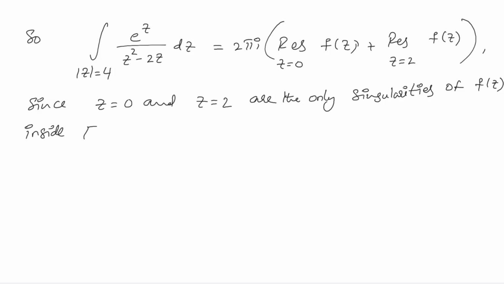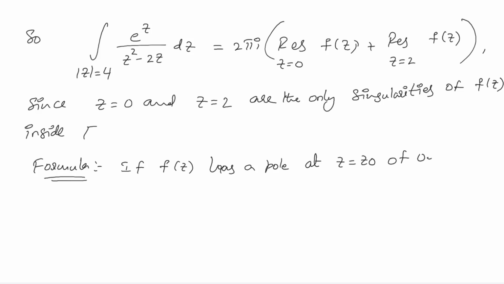For that, I would like to introduce a formula to calculate the residue. That formula is given as: if f of z has a pole at z equal to z naught of order n, whenever f of z, an analytic function, has a pole at a point z equal to z naught of order n, then the residue of f of z at that particular point z naught is given by this formula.